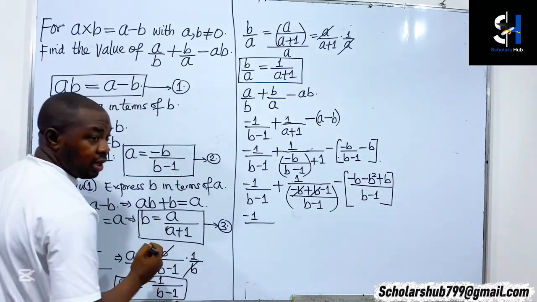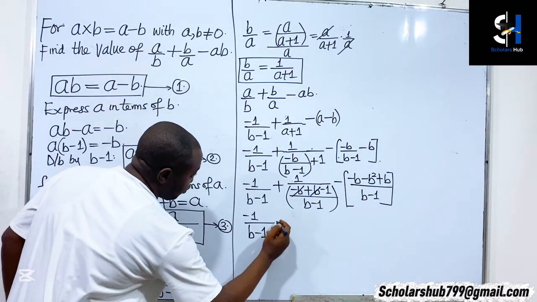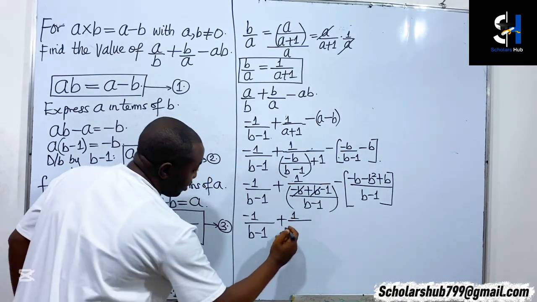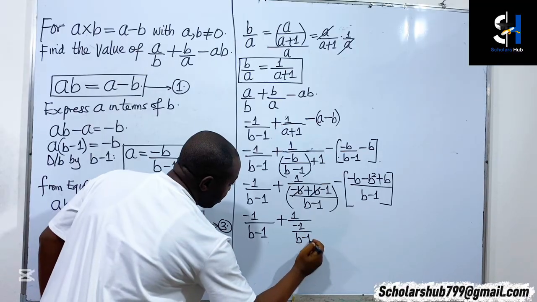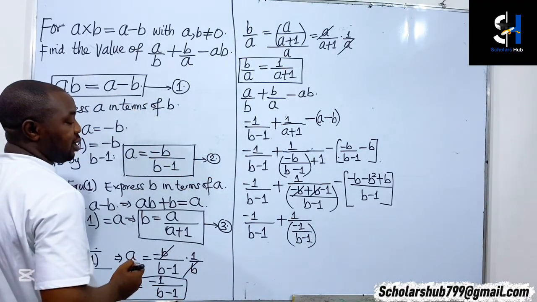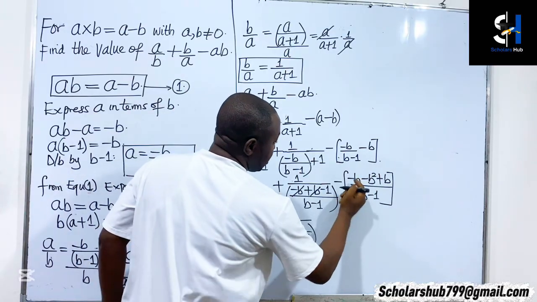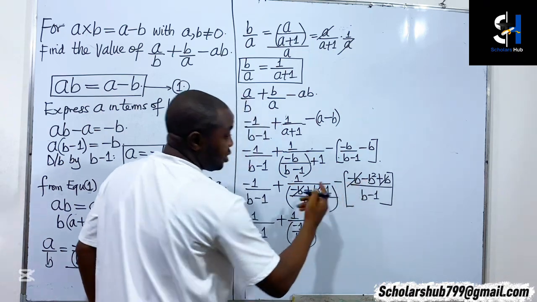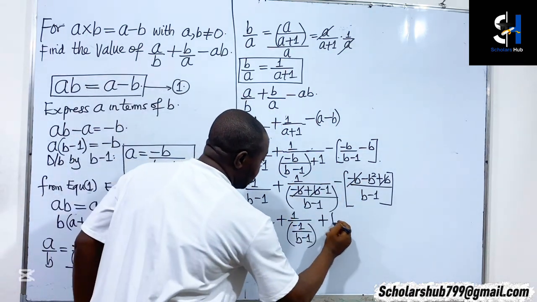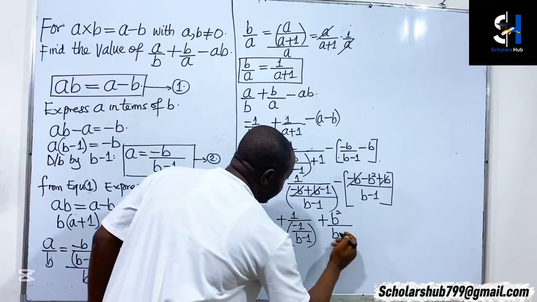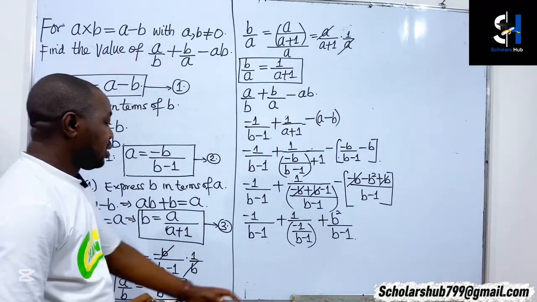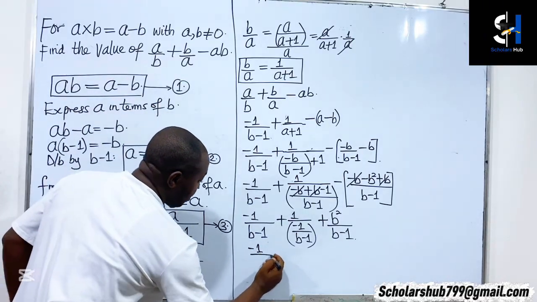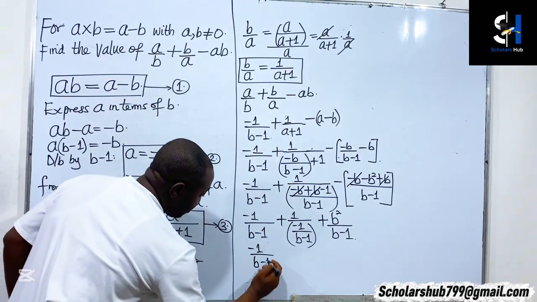So in this case, we have negative 1 over b minus 1, over b minus 1 plus 1 over negative 1 divided by b minus 1. Now in this case, negative b plus b will be 0. Negative times negative is positive, so this will be plus b squared over b minus 1. Now, positive times negative is negative, so we're going to have negative 1 over b minus 1.